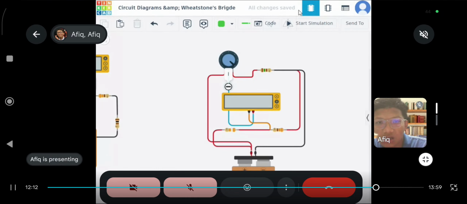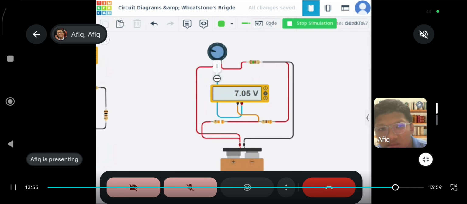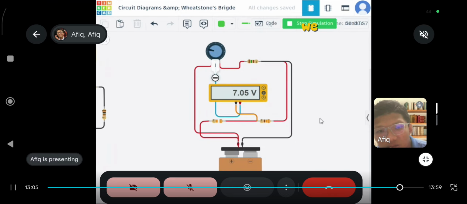To wrap things up, let's take a look at our final evaluation matrix. Calculated resistance is 17.73 kilo ohm versus simulation resistance, which should be 17.73 kilo ohm, but we cannot see it in here, I think.